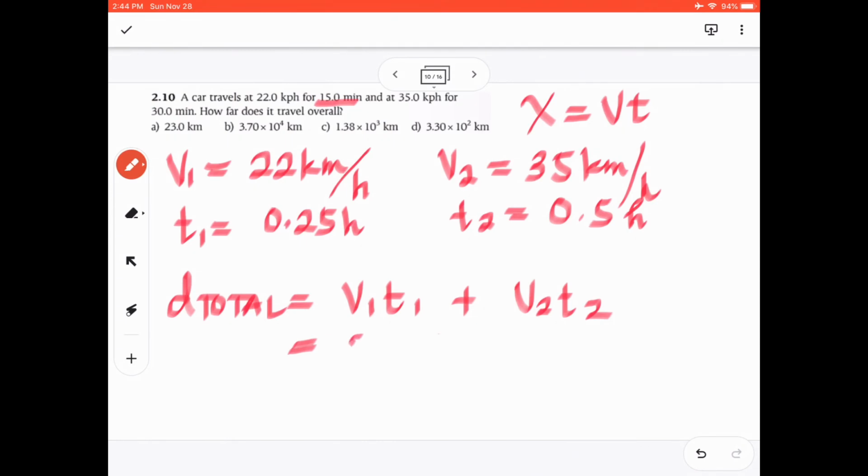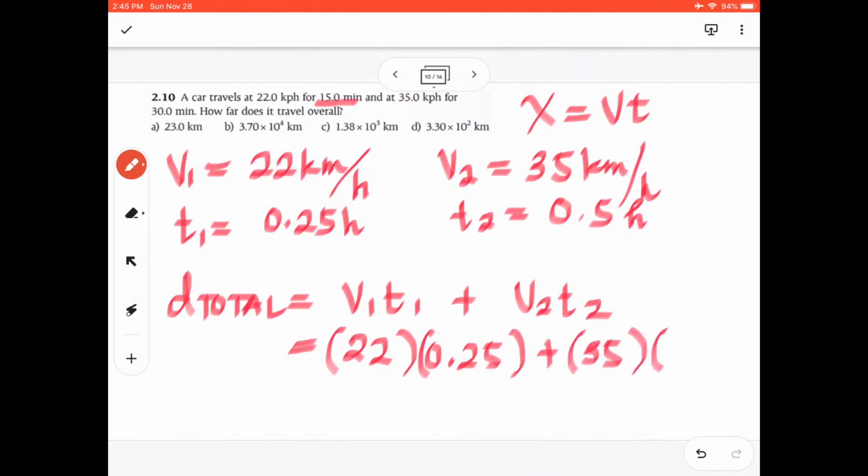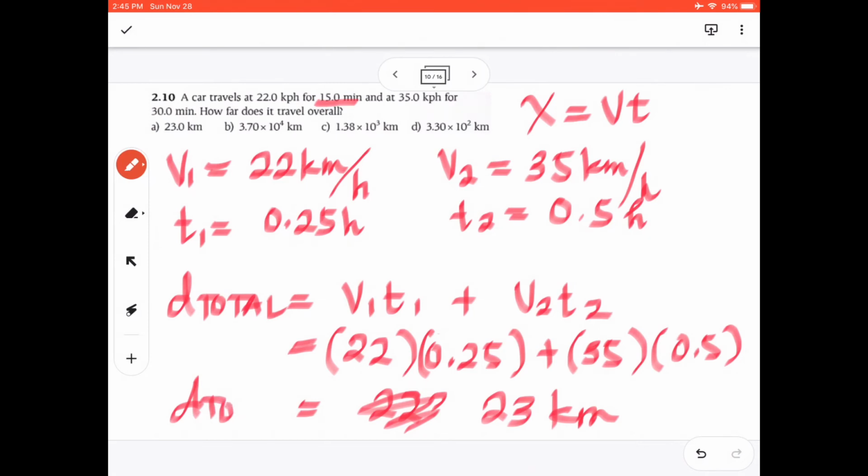So v1 is 22 multiplied by 0.25 plus v2 is 35 multiplied by t2, which is 30 minutes, that is 0.5 hours. Your total will be equal to, if you use your calculator, 23 kilometers. So that's the total distance covered by the car, which is letter A.